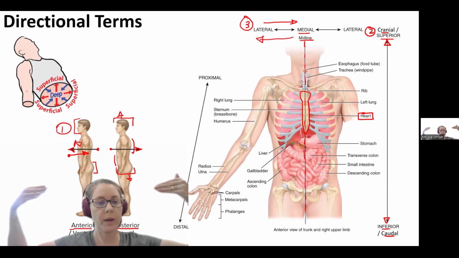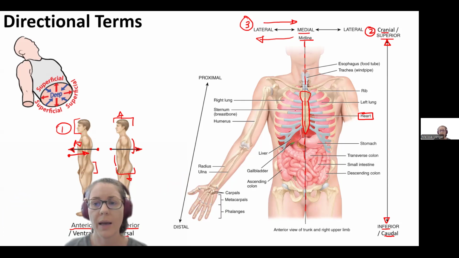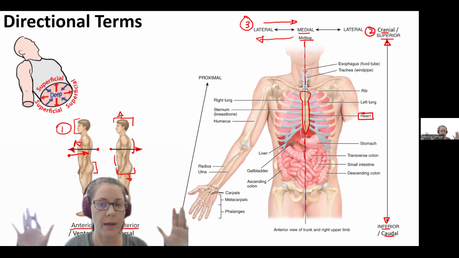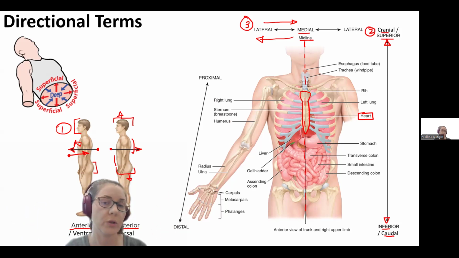When I'm going out away from the middle, that is lateral. So again, I can use my sternum here. My sternum is medial. It's in the middle. It's towards the midline. I can say my arms are lateral because my arms are off to the sides. They are lateral to my torso. You see how those sentences work because you're going in this direction, back and forth.